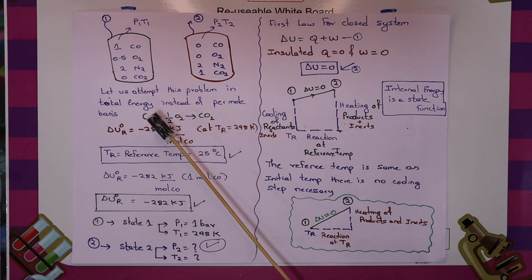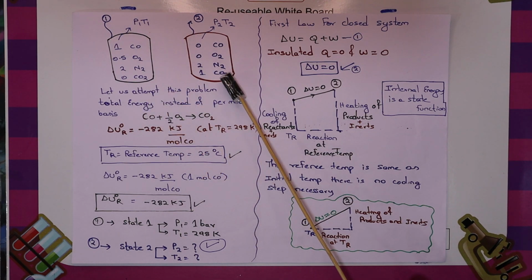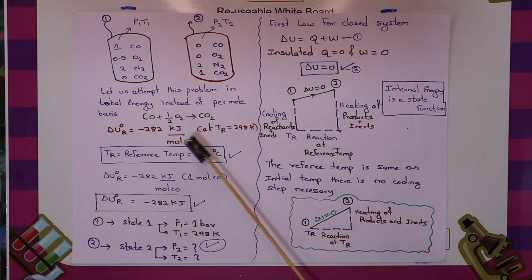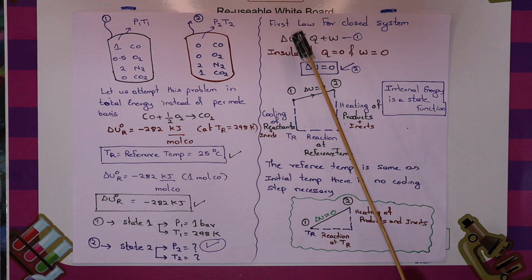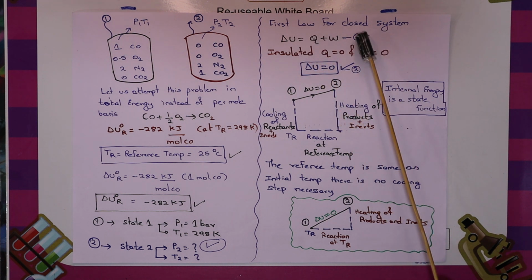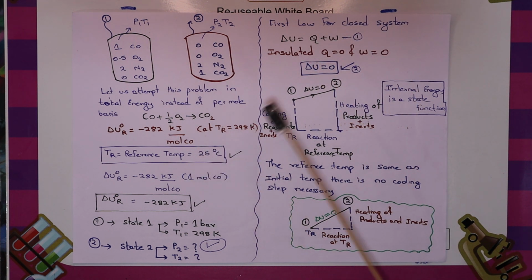This is the same information: initial state, final state, reference temperature. The standard change in internal energy because of the reaction is also given at 298. State 1 is P1 T1, state 2 is P2 T2. We have to take the help of the first law of thermodynamics for a closed system to solve this example.